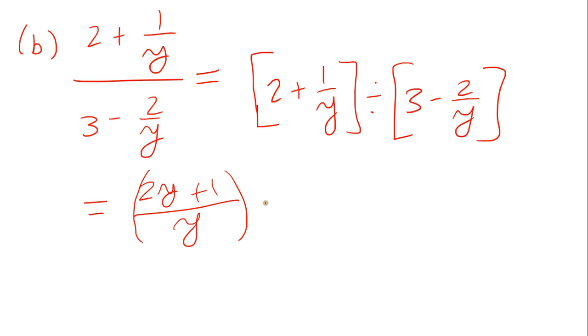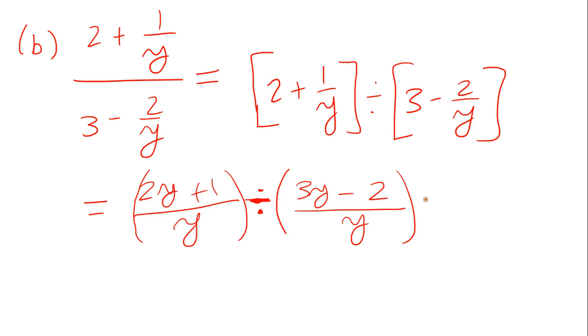If you're not familiar, and not sure why I wrote it like this, you should review the last lecture video. Times, no, not there yet, divided by 3y over y minus 2.